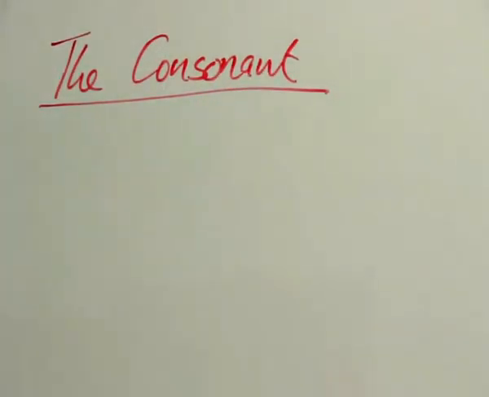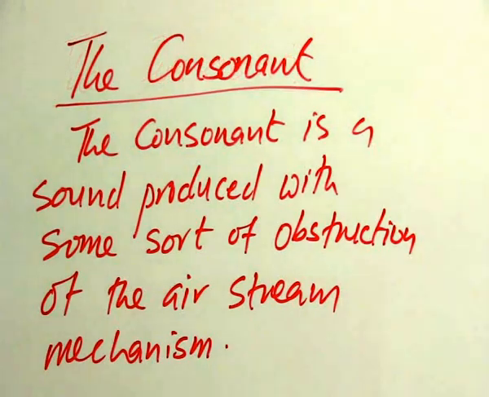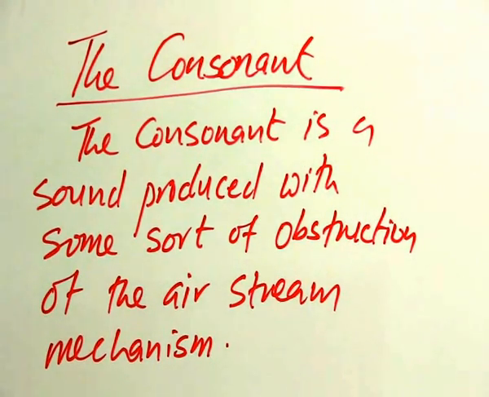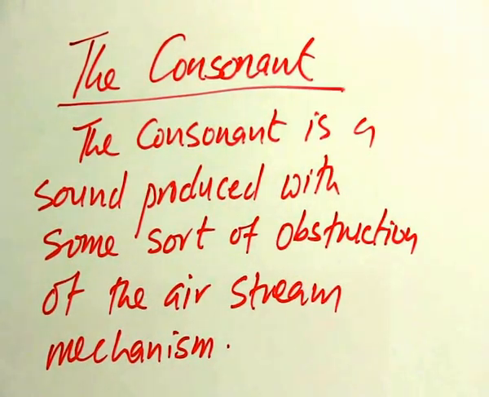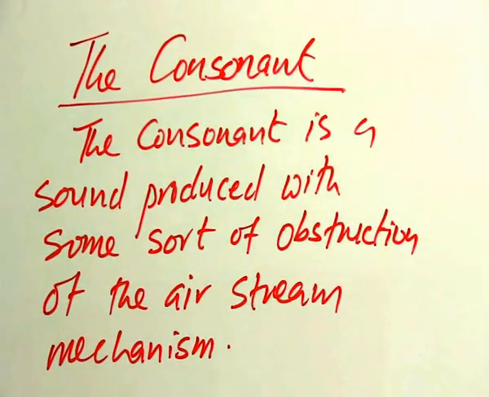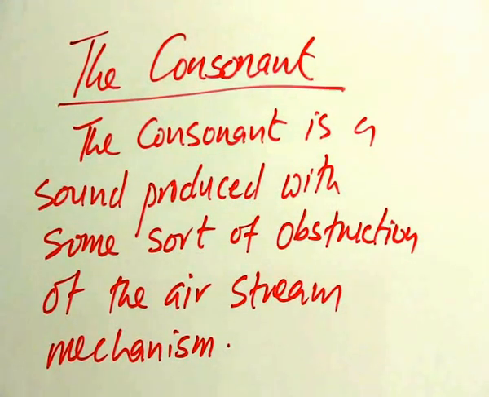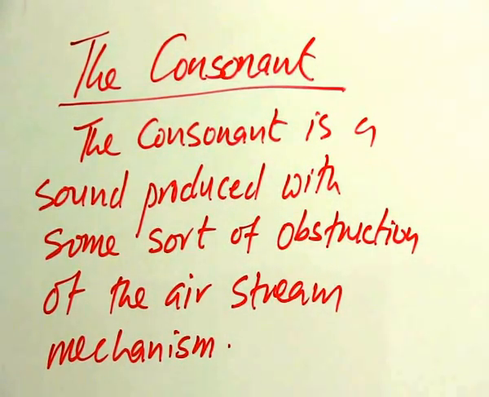So what is a consonant? A consonant is a sound produced with some sort of obstruction of the airstream mechanism. What that means is that in producing it, there must be obstruction. When we make speeches or when we utter a sound, we usually use air from our lungs.